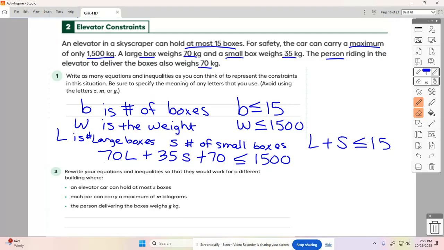It means we're going to a different building, okay? So instead of saying 15 boxes, let's change it to Z. So B has to be less than or equal to Z. All I did was take this one, and instead of 15, I put Z. That's it.